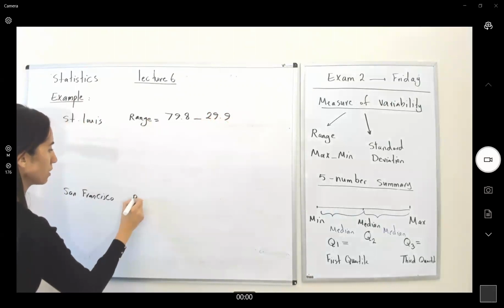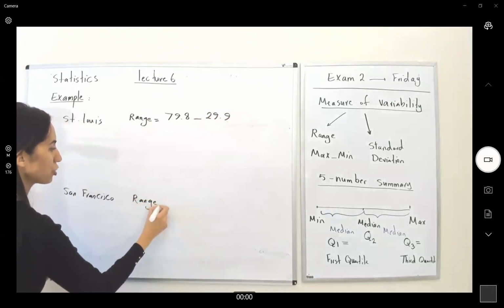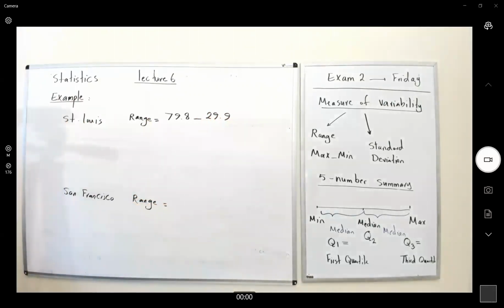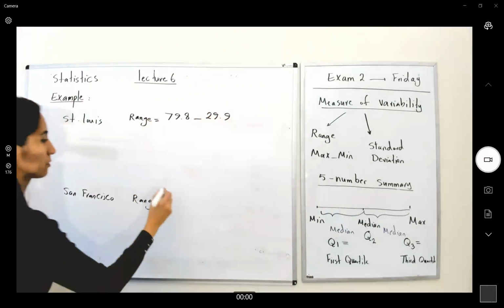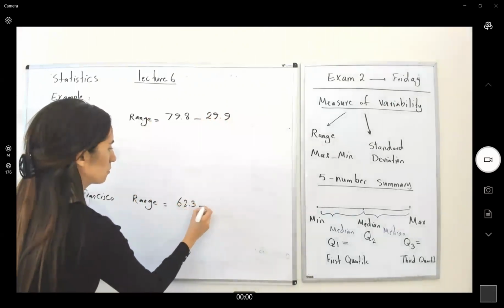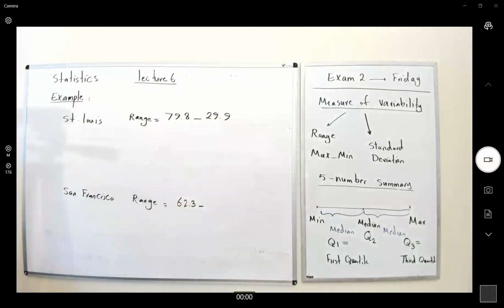The range of the temperatures in San Francisco, the maximum value is 62.3, and the minimum value is equal to, let us find it, 51.1.